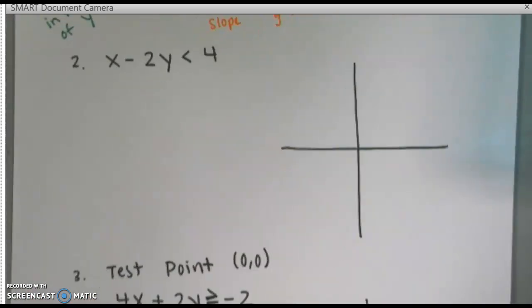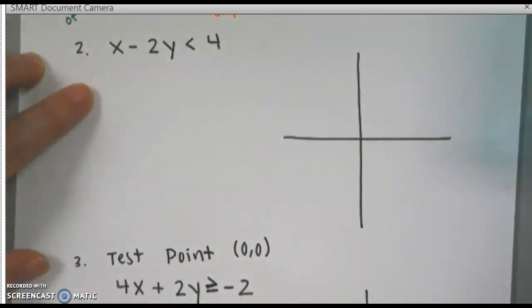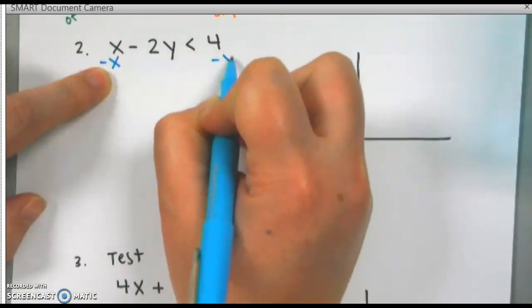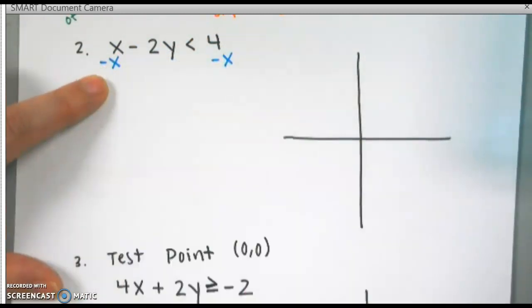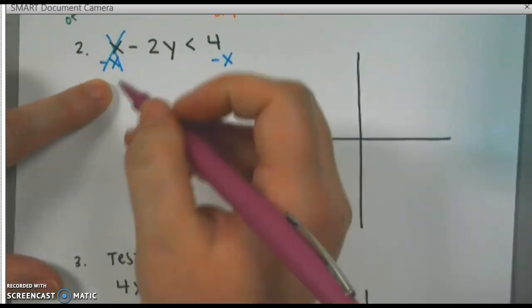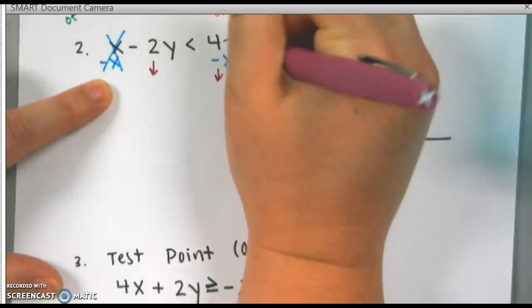I'm going to follow the same thing for number 2. I'm going to move my x term over to the other side. This is a positive x. So that's gone. I have 3 things to move down.